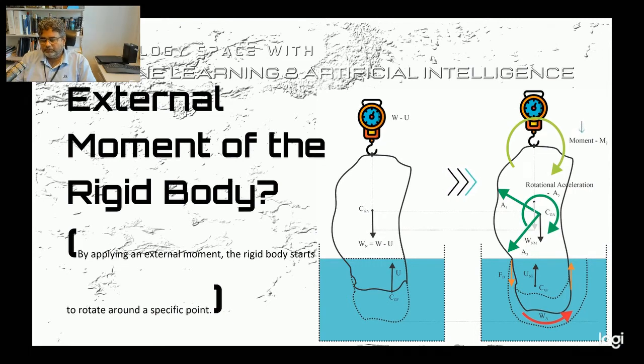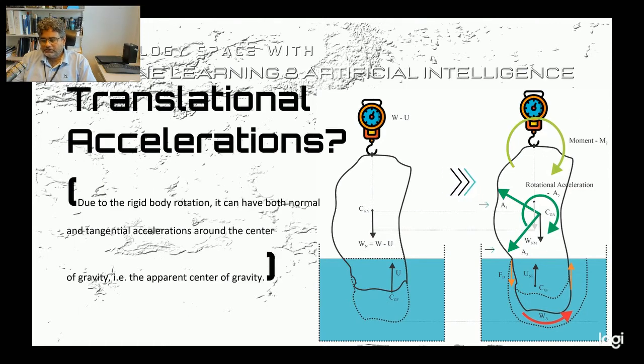One more important point about this figure: when we apply that moment M2, the rigid body itself starts to rotate around a specific point. Since it starts to rotate around that point due to this moment M2, that means the rigid body is getting an acceleration due to that external moment. This acceleration can be divided into two sectors: translational acceleration as well as rotational acceleration.